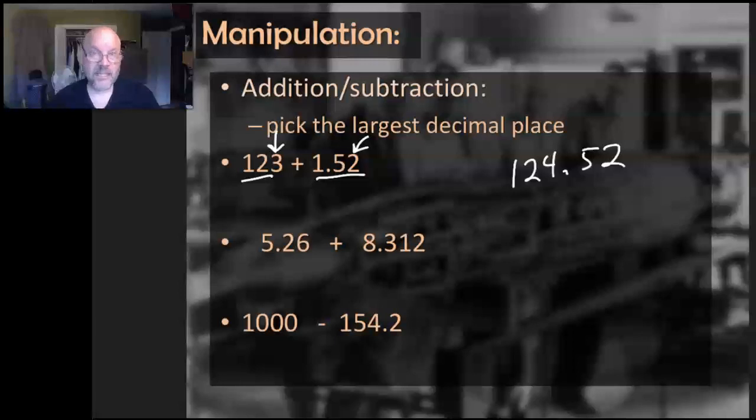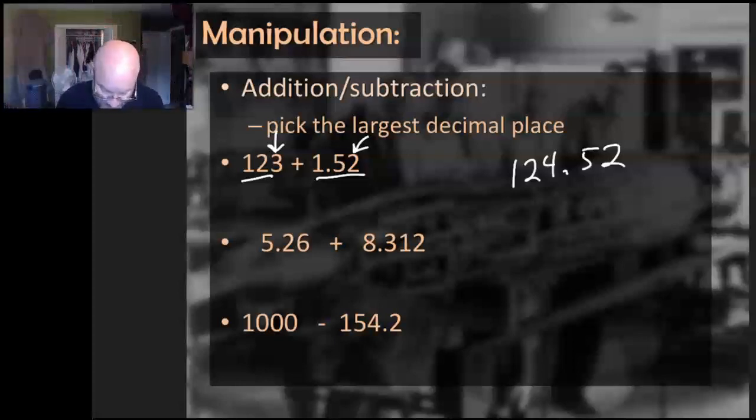And so the 123 is the weakest link. That's the weakest link right there. Now, we might go, yeah, but they both have 3 sig figs. Well, that is true, but remember, a centimeter of fuzziness is inconsequential compared to a meter of fuzziness.